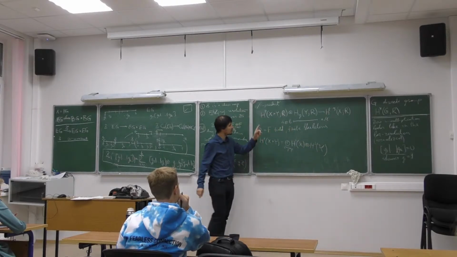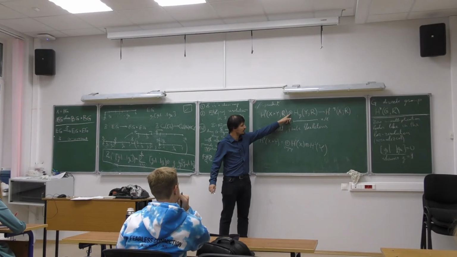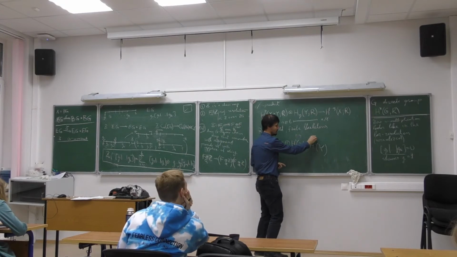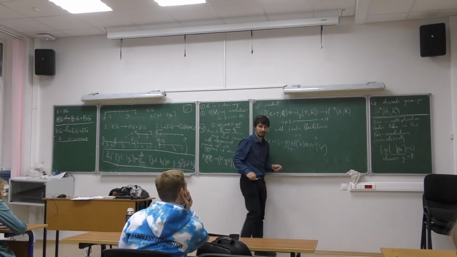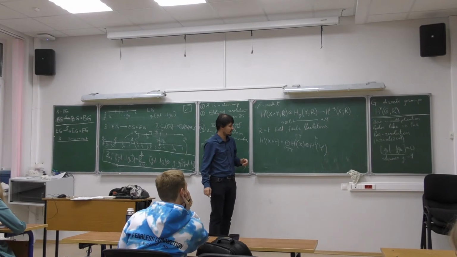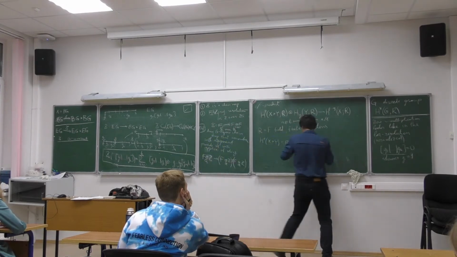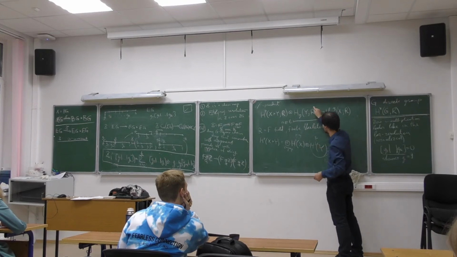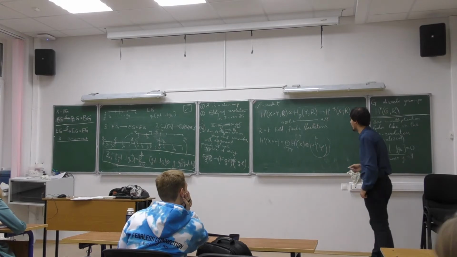And for this product, the only important part is the part H^(p-q) of X tensor H^q of Y. The idea is that we can extract this part and pair off this cohomology class with this homology class. And this is exactly what we do.